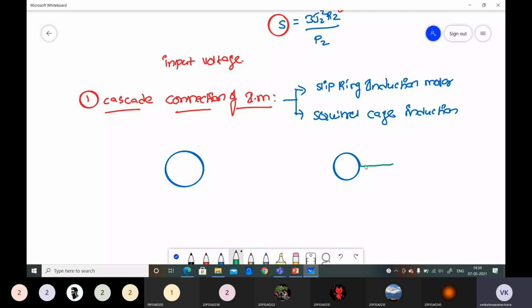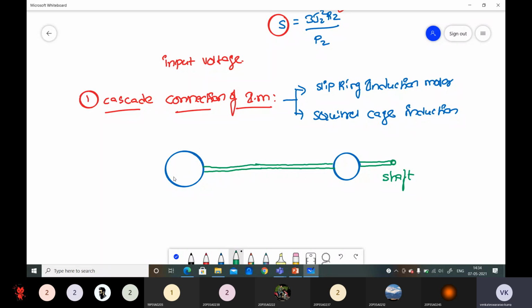This one is the shaft of the squirrel cage induction motor. So in this cascade connection, the rotors are mounted on the same shaft.